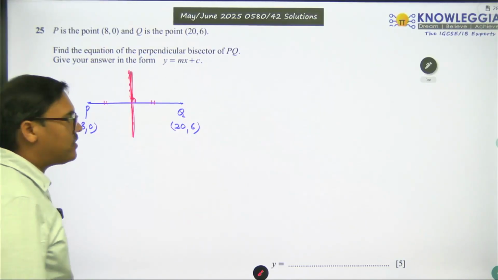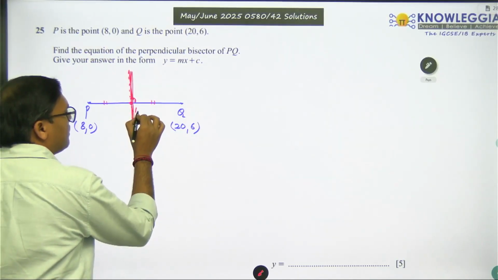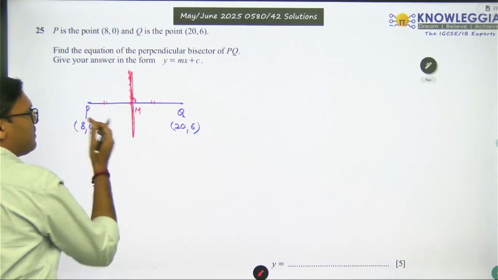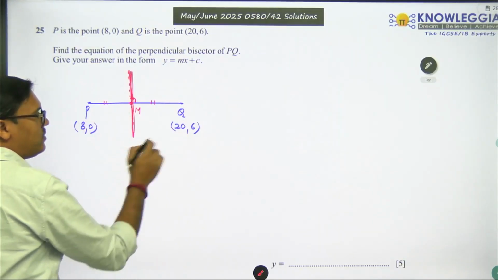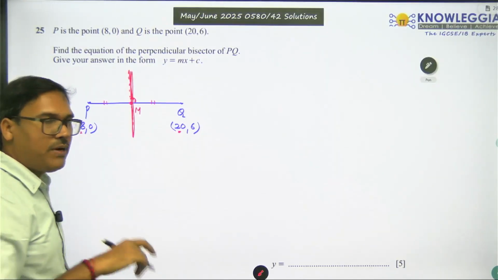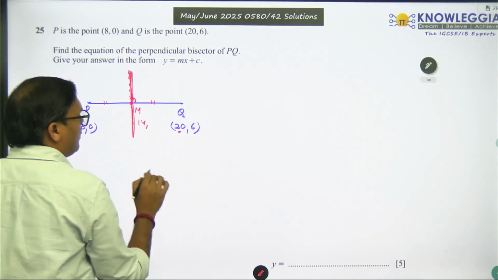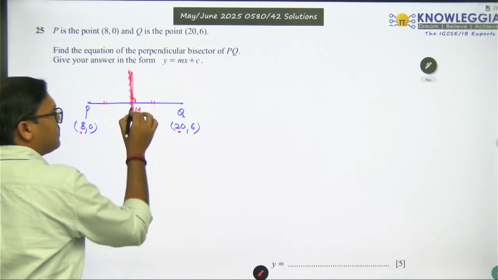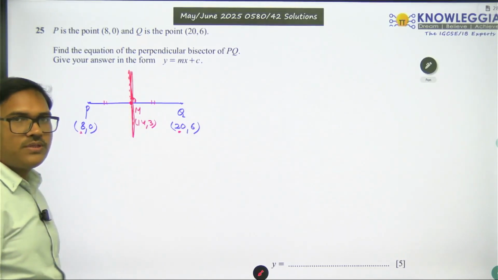Now if you have to find the equation of this line, what is the midpoint? You can see this line is passing through the midpoint, and we know the midpoint is x1 plus x2 by 2, y1 plus y2 by 2. x1 plus x2, that is 28 by 2, that is 14, comma 6 plus 0, that is 6 by 2, that is 3. So the midpoint is 14 comma 3.